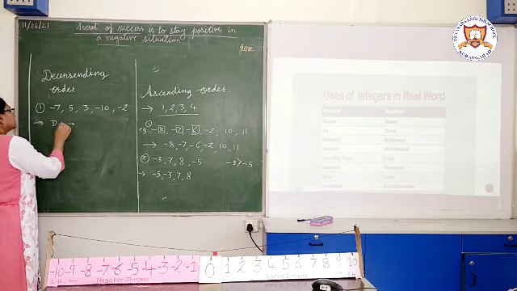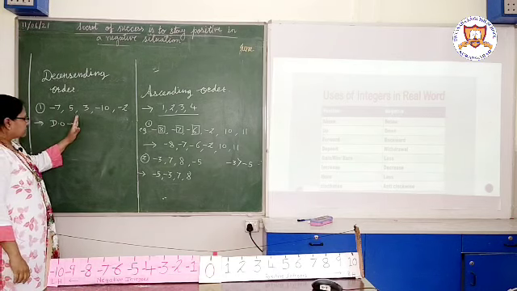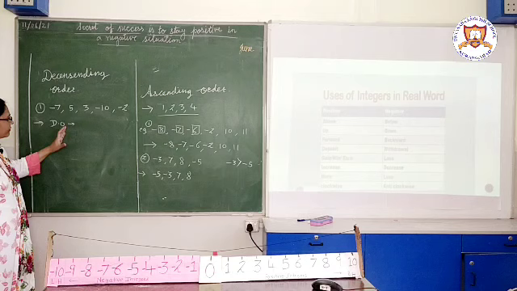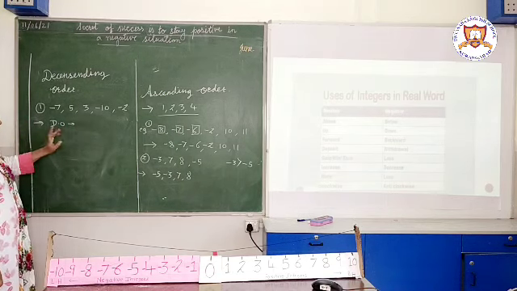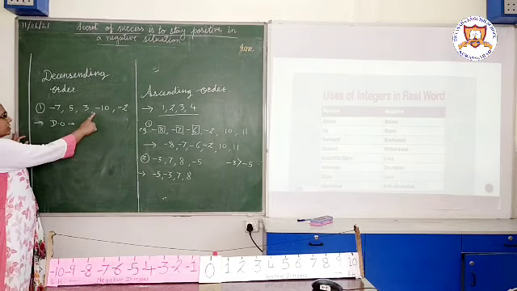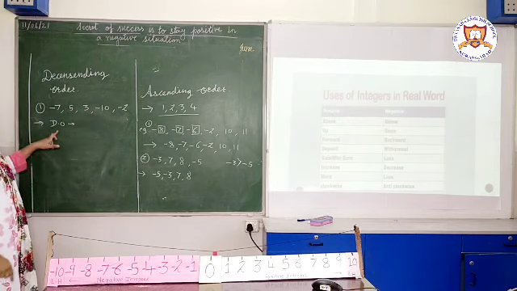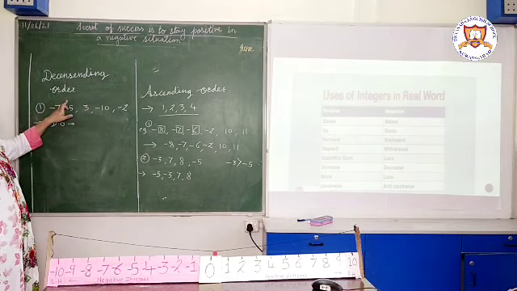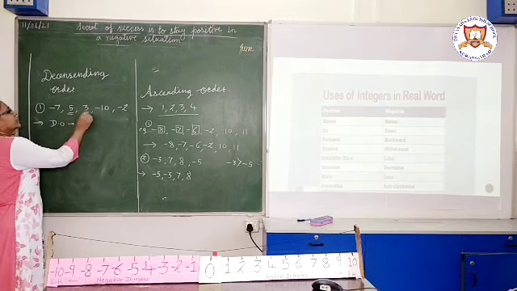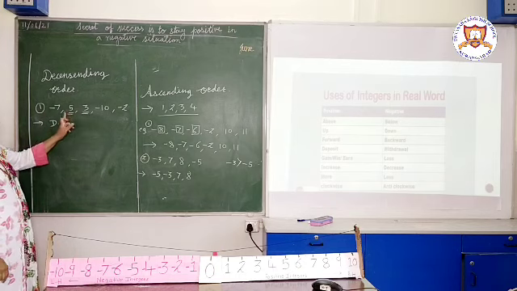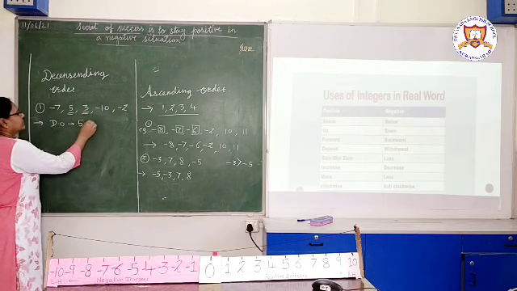Descending order means numbers are arranged from greater to smaller. So we have to write the greater number first. We know that positive numbers are always greater than negative numbers. So whenever we write the descending order, we write the positive numbers first. Here 5 and 3 are both positive, but 5 is greater. So write 5, then 3.